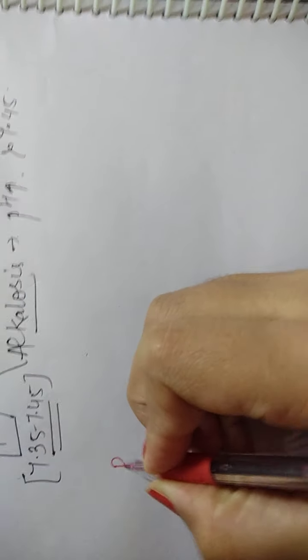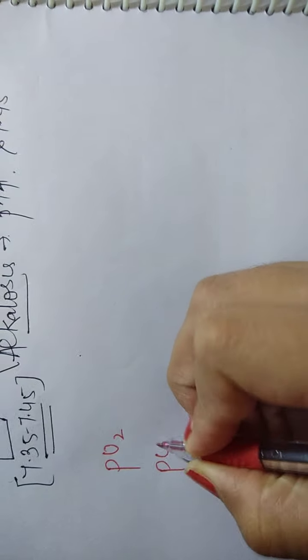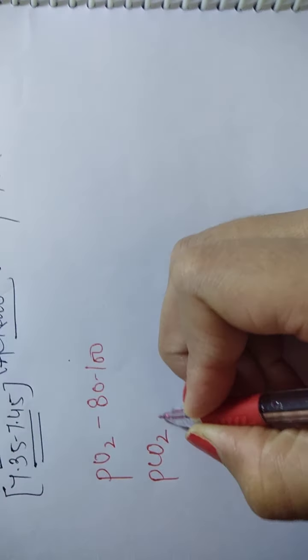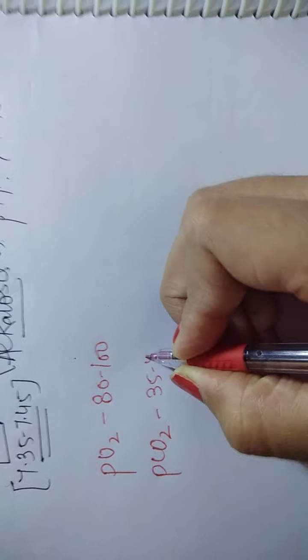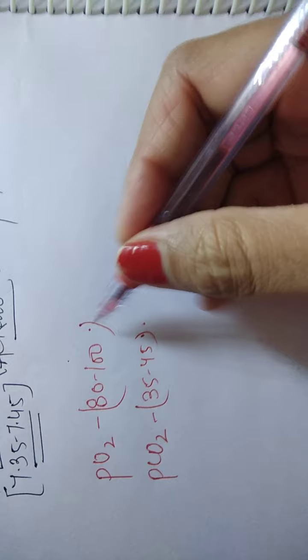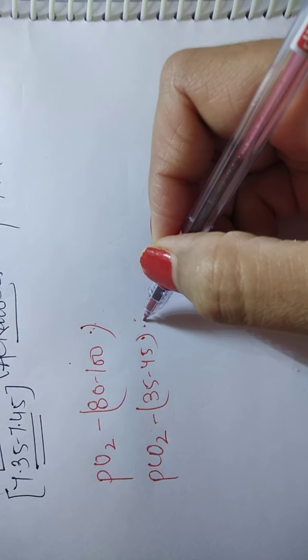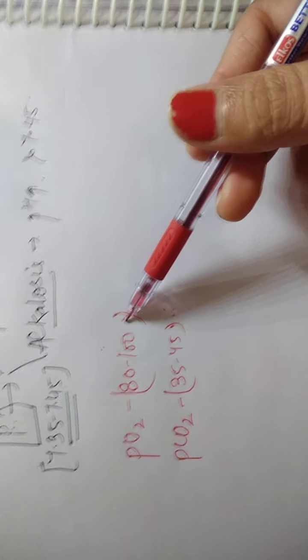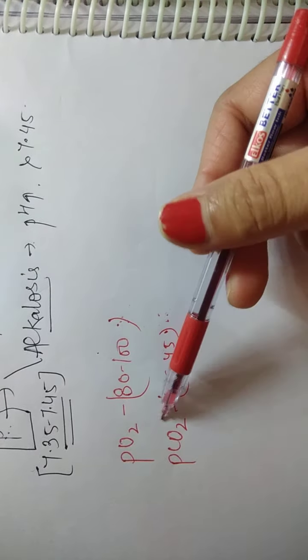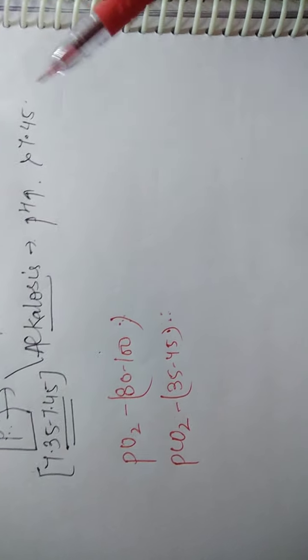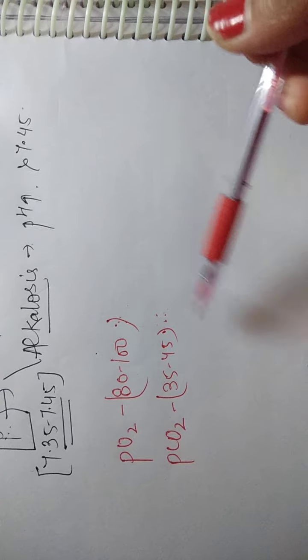Second thing is PO2 and PCO2. The normal value of PO2, as I told earlier, is 80 to 100 and PCO2 is 35 to 45. These gases are helpful in respiration. So if there is any alteration in the PO2 and PCO2 values, the person will show signs and symptoms of dyspnea, hyperventilation or breathing difficulty.